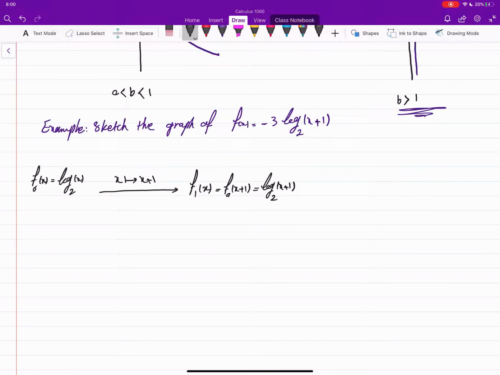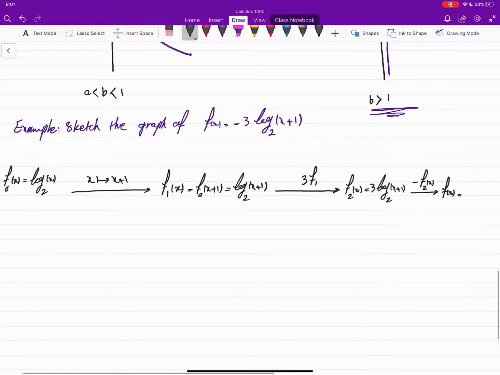Then we multiply the whole function by 3, then we get f2 of x, which is 3 log base 2 of x plus 1. And then the last step, we multiply the whole function by a negative sign. This way we get the function that we have here, and that is negative 3 log of x plus 1 base 2.